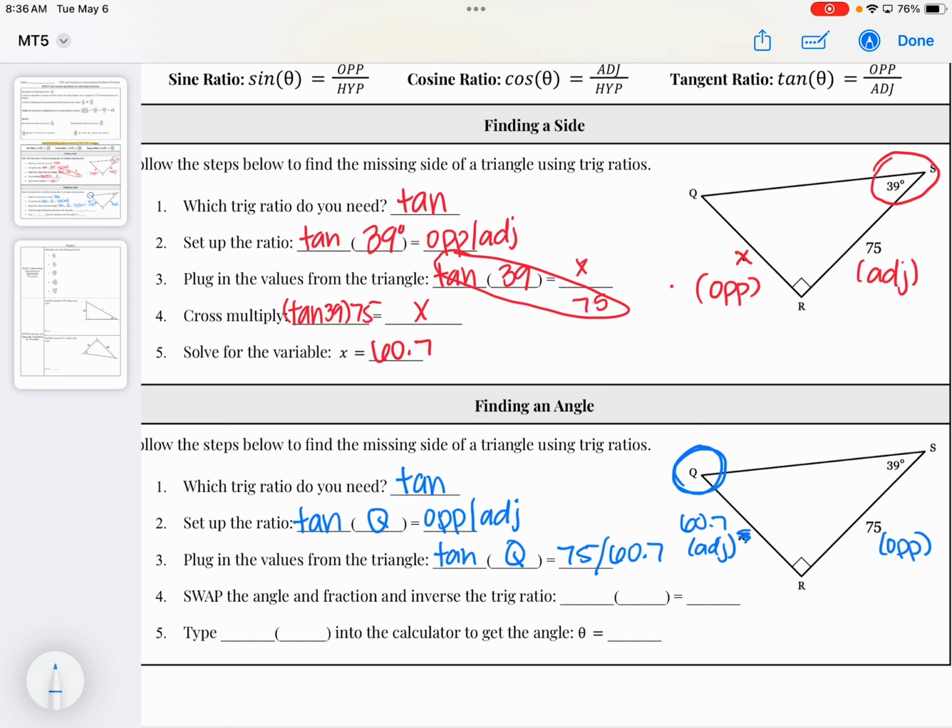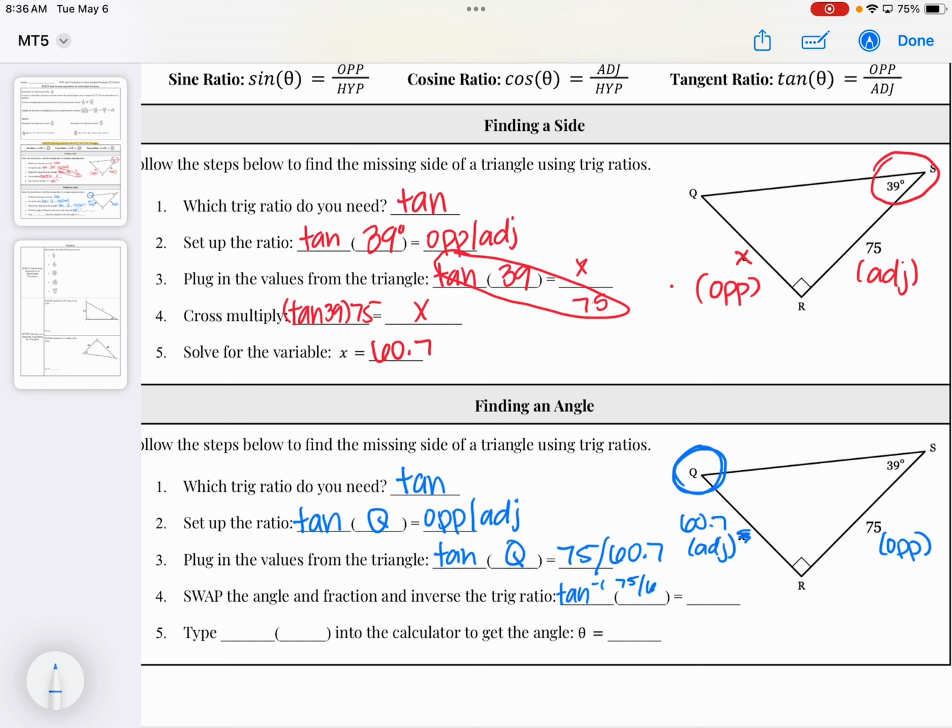Our next step to figuring out the angle is that we have to swap the angle and the fraction and inverse the trig ratio. Instead of it being tangent like we did on the last problem, it's now going to be the inverse of tangent. And what was our fraction?